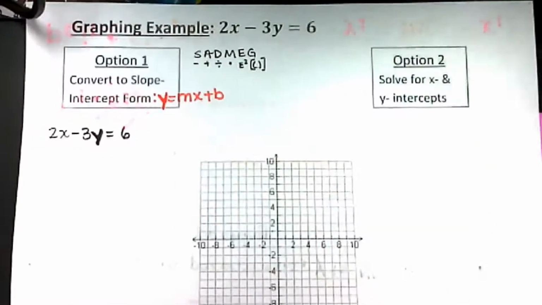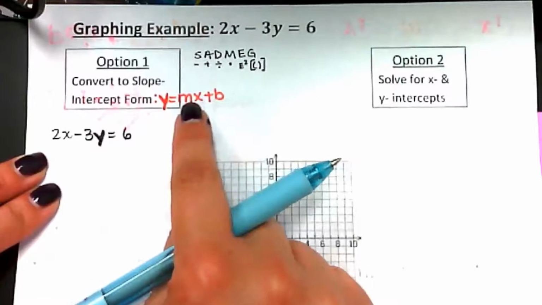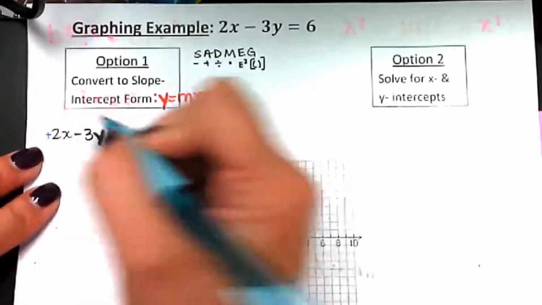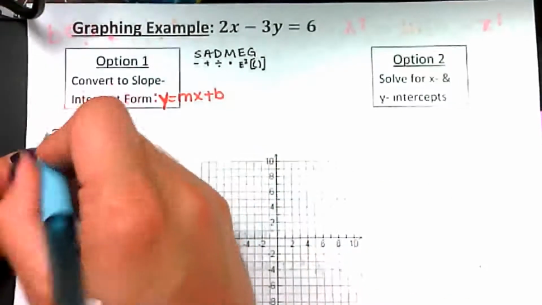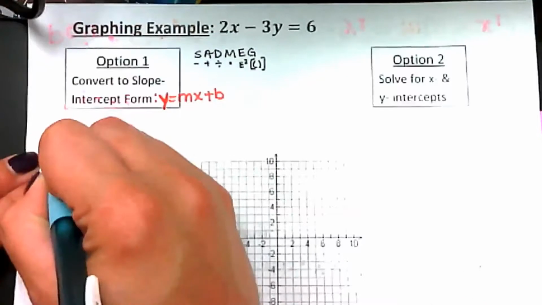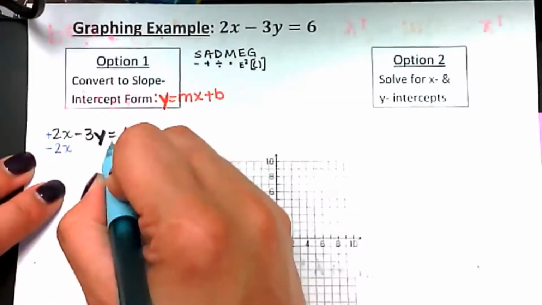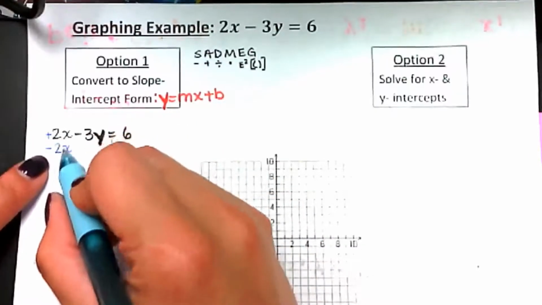Well, yeah, of course I do. As a matter of fact, I have this 2x. And I mean, take a look. The x should be on the opposite side. So since this is a positive 2x, I'm going to use the inverse operation and subtract 2x. Now, we were talking about this equal sign being a balance beam.